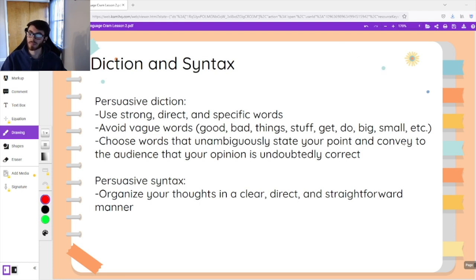And the same thing can be applied to any of these, right? Instead of saying things or stuff, talk about what specific things or stuff you're talking about. Instead of saying, oh, he got something, well, how did he get it? Did he grab it? Did he earn it? Did he achieve it? Did he buy it at the store? Was it a gift from someone, right? Get is so vague. There's definitely a more specific option you can use.